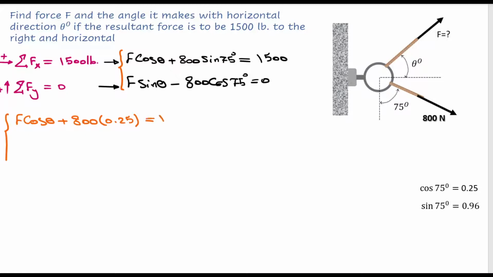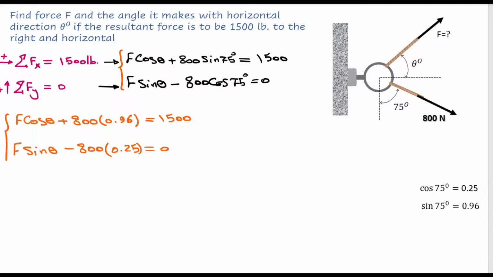So it was the 1,500. In the second one, again, I don't know how much is F and how much is theta, so minus 800 times cosine 75, that is 0.25, equals to 0. I made a mistake here. The first one is sine 75, so that is 0.96.